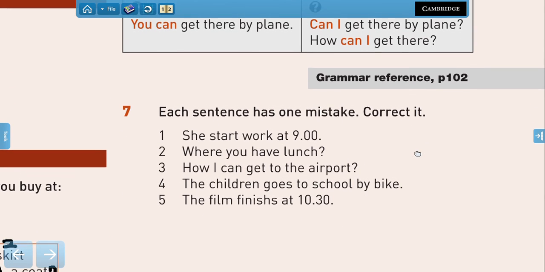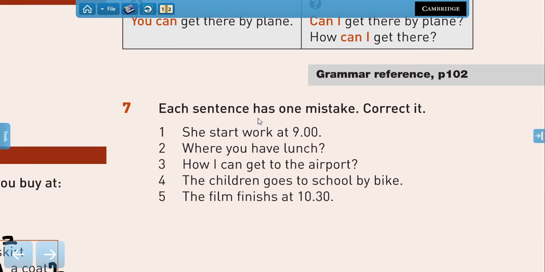Now, let's see. Each of these sentences has one mistake, so please correct them using the, of course, appropriate vocabulary. So pause the video and do the exercise. Now let's see.